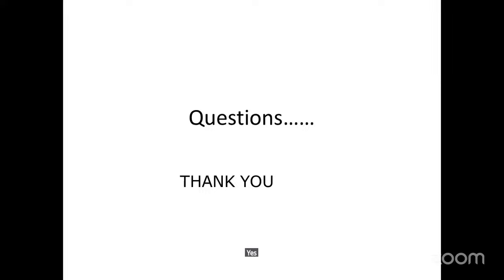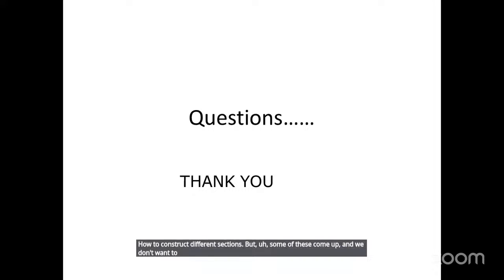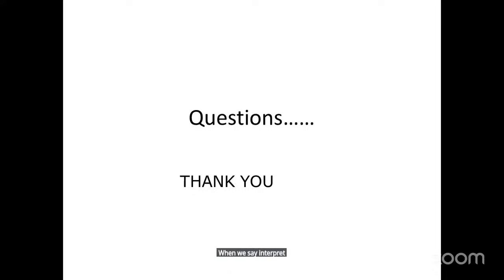Yes, we will be talking about some of these things later on as we discuss how to construct different sections. But some of these come up and we don't want to miss them along the way. When we say interpretation of data, what we are saying is write the story. A story is not made up of numbers in tables.